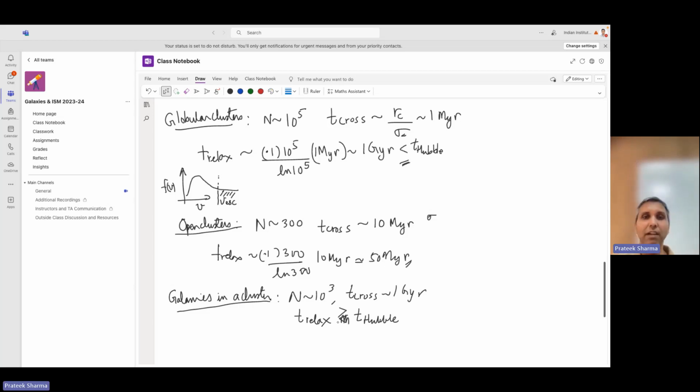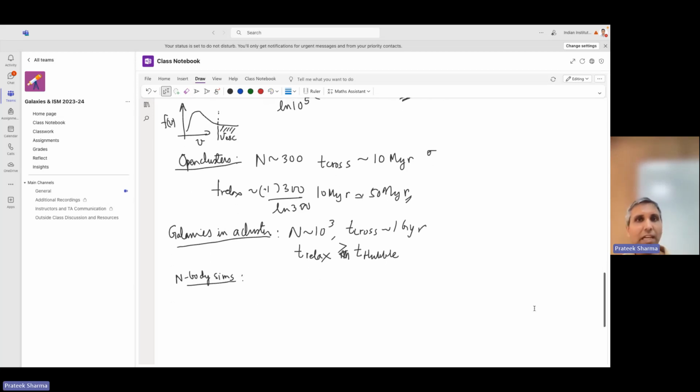Right. So the other thing is when we do n-body simulations, doing a simulation with 10 to the 11 particles is actually hard. Even now, it's not possible. So early numerical simulations of, say, the Milky Way tried to use 10 to the 6 stars.